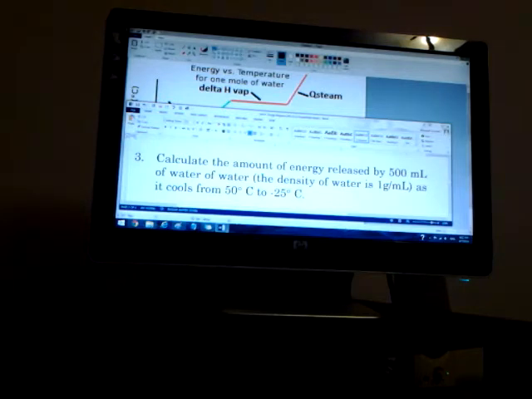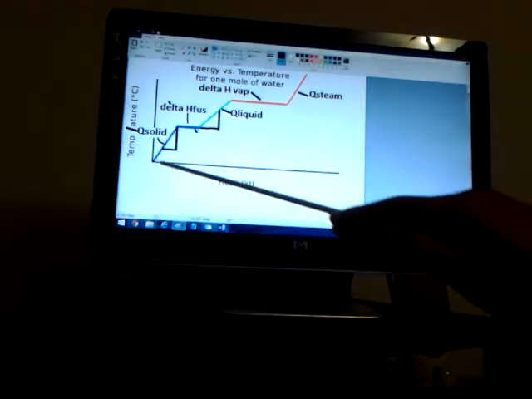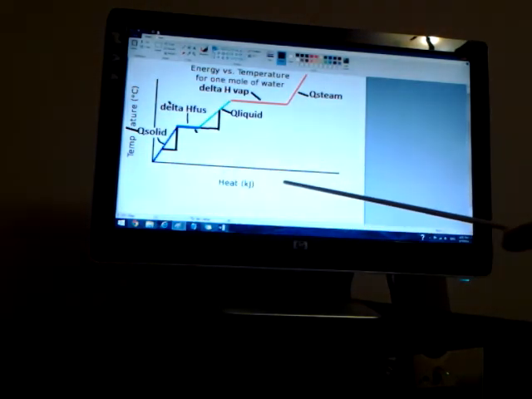Now, the first thing I see here is that you're looking for the energy that was released by water. If we look at one of these phase diagrams, you can see that every time you have heat or energy being added, that's a change in the x-axis here.